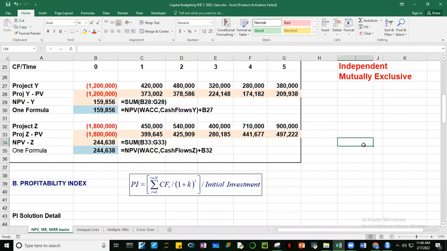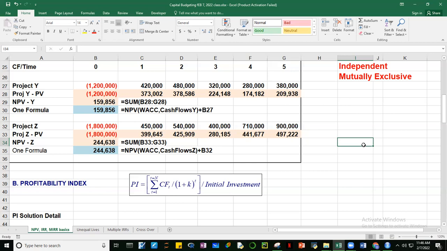So based on NPV, guys, we said that if the projects were independent, okay pareho, kasi parehong positive yung NPV nila. NPV of project Y is 159,000, NPV of project Z is 244. However, if the projects were mutually exclusive, then we choose only project Z, kasi the choice of one excludes the other.